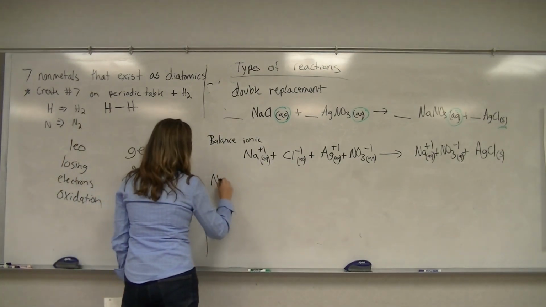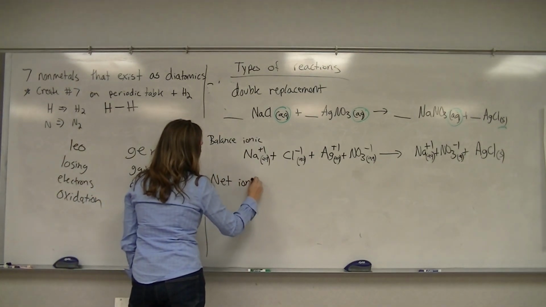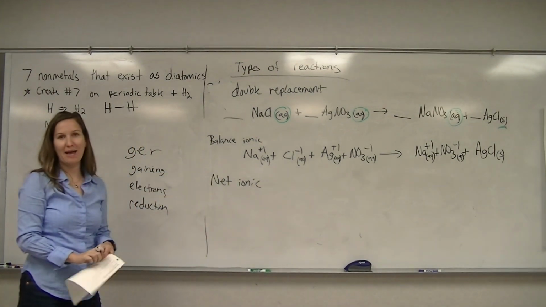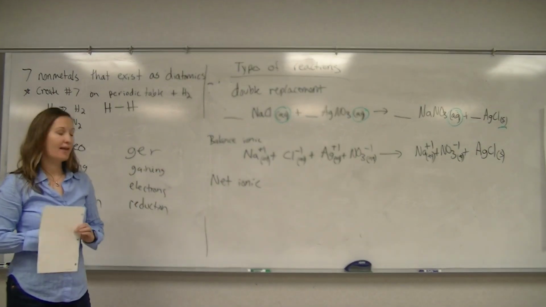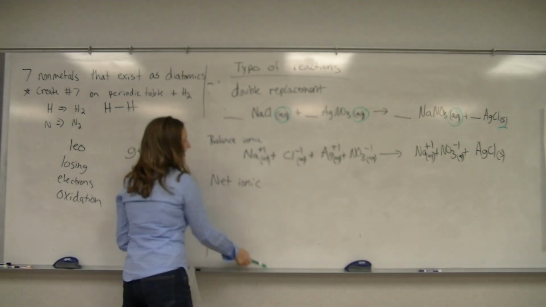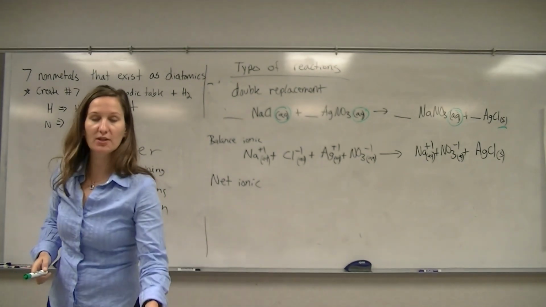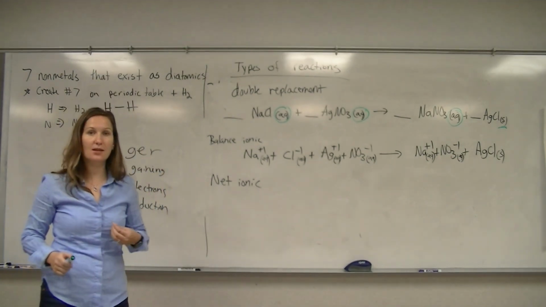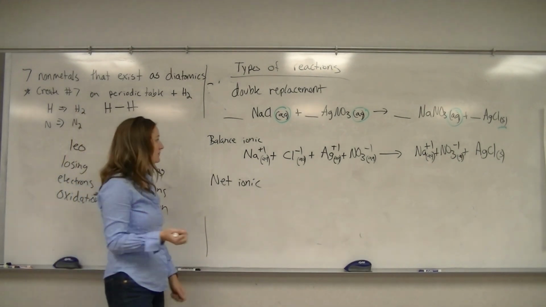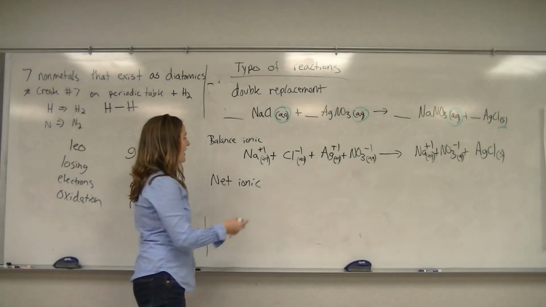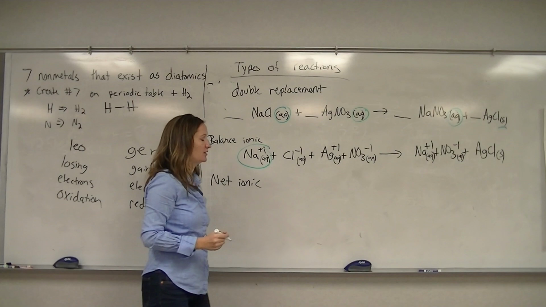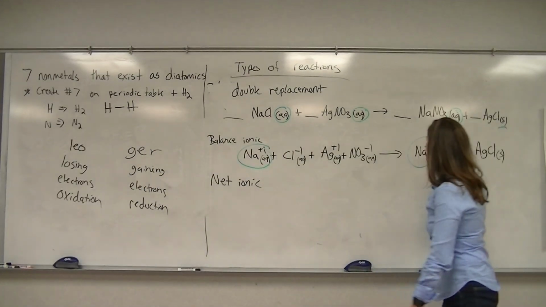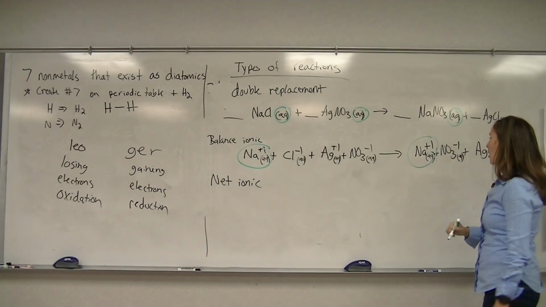Now for my net ionic, you're using that same balanced ionic equation, except it's a simplified version. What you're going to do is cross out any ions that are the same on both sides of the equation. So what do I mean by that? Well, I have a sodium +1 on the reactant side. I also have sodium ion on the product side.